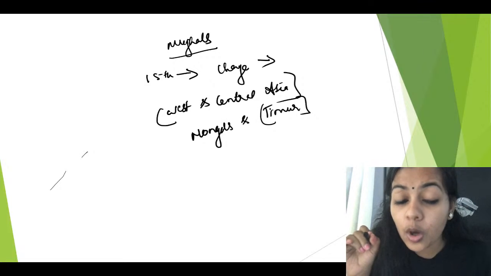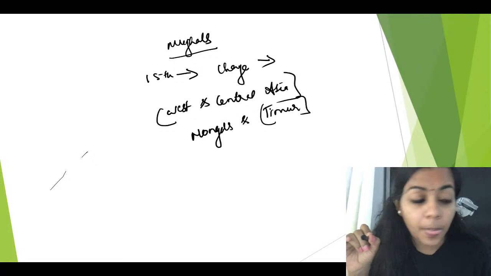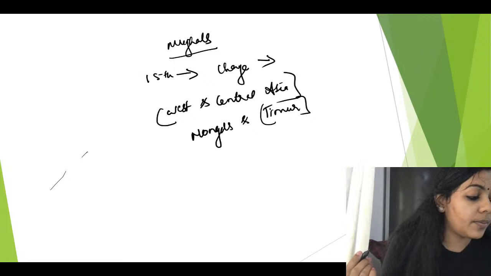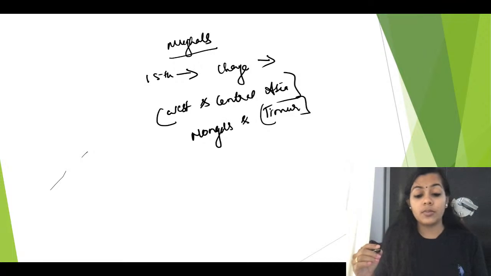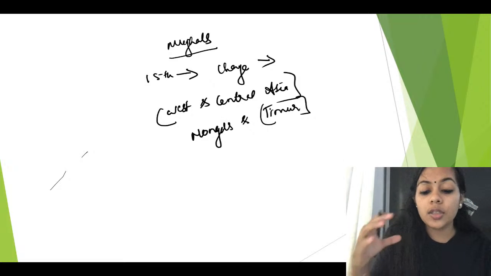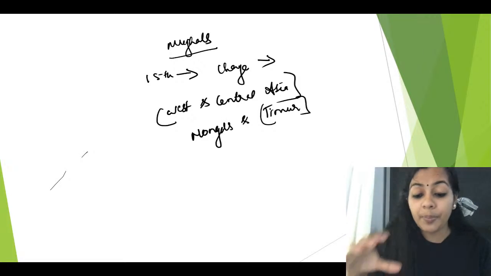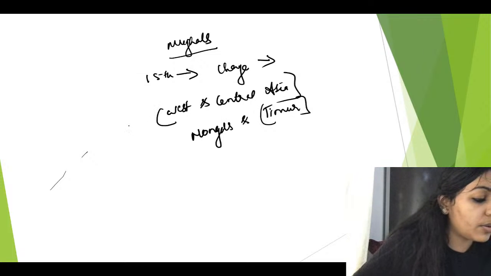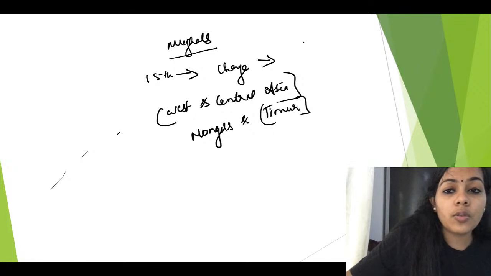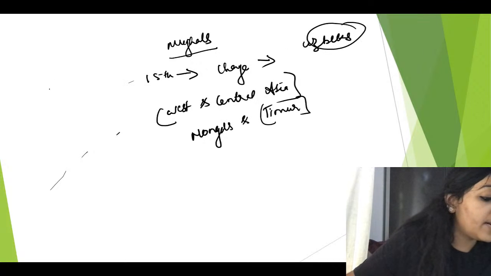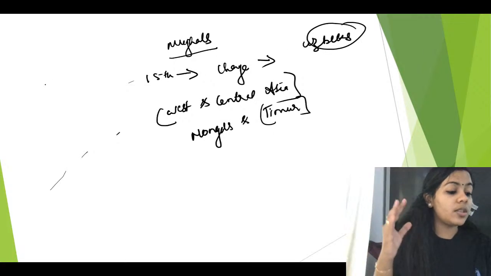Are you able to see whatever I'm writing? The three great empires were marking again. What happened is that these empires, the Mongols and Timur, also lost their importance. Then the Uzbeks, that is Uzbekistan, Transoxania, the present Uzbekistan.